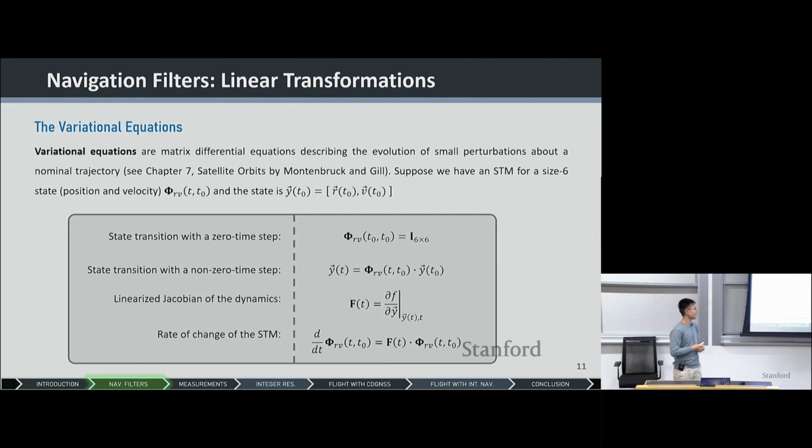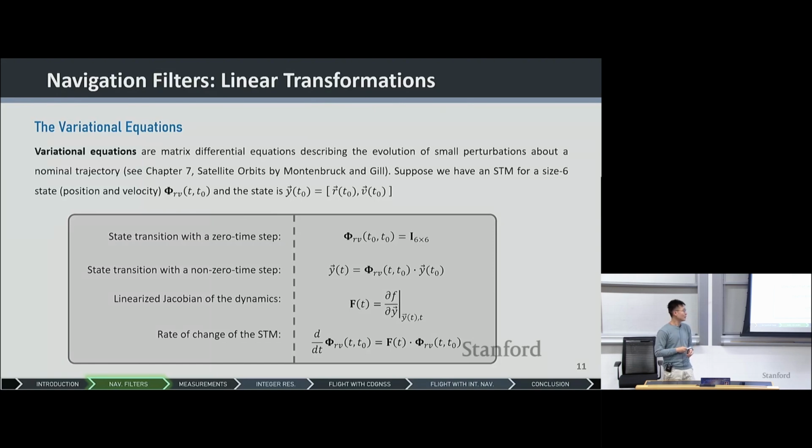And the second fact that the variational equations state is basically the definition of the state transition. Any state that you have at t0 can be propagated forward in time linearly through the state transition matrix between the time elapsed between t and t0. Now, if I have a linearization of the dynamics, so if I have the Jacobian of my force model, and we can talk a bit about how the Jacobian is being derived later on, then I can actually compute the rate of change of my state transition matrix.